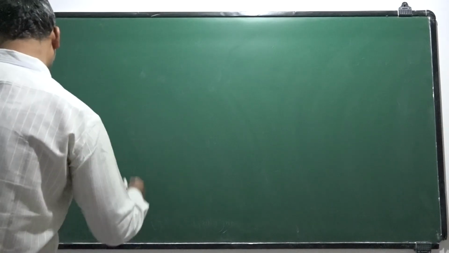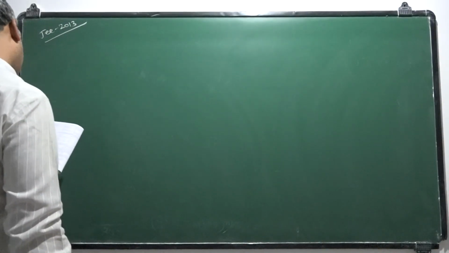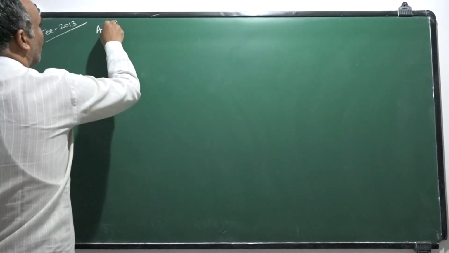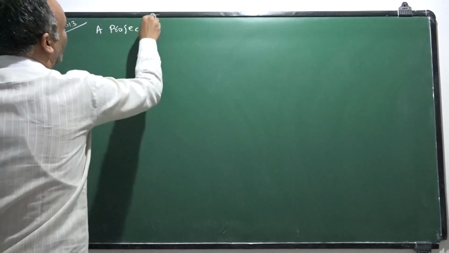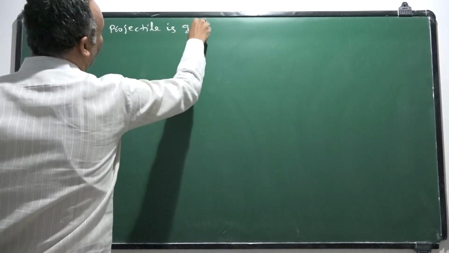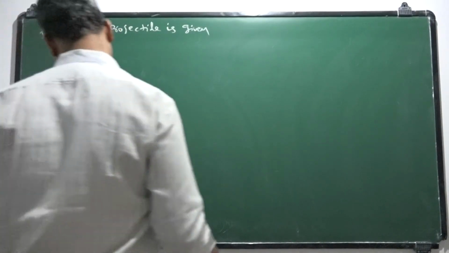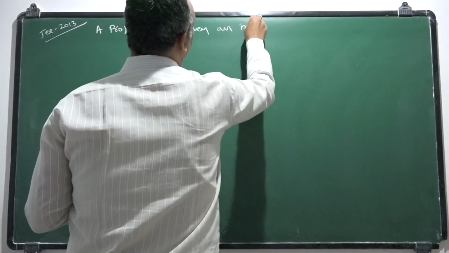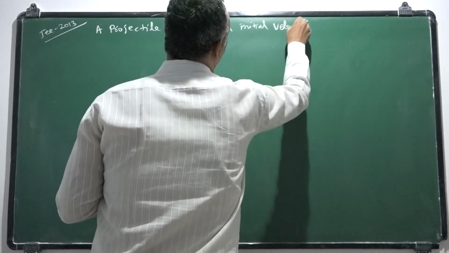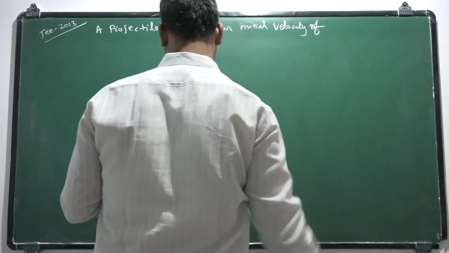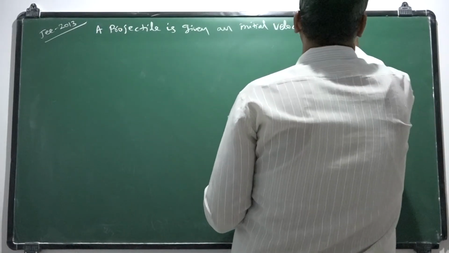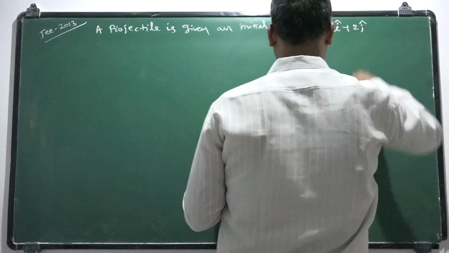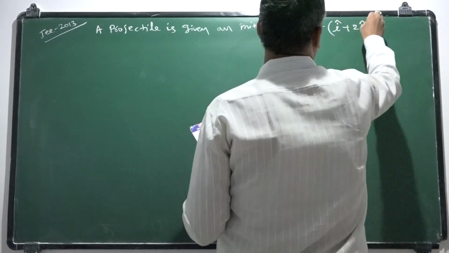One more question. JEE 2013 question it is. A projectile is given an initial velocity of i cap plus 2j cap meters per second.